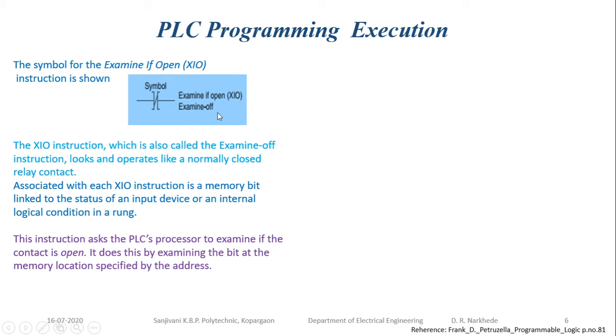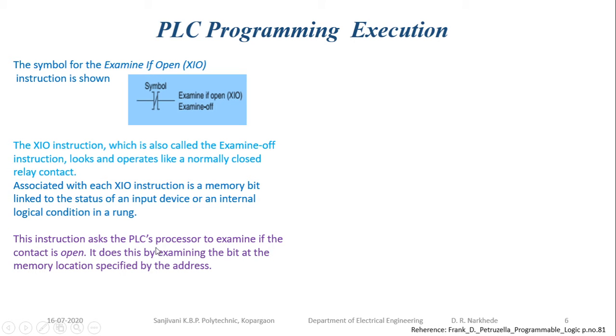Remember, this instruction continuously asks the processor whether the contact is open. If the contact is open, the instruction is true. If the contact is not open, the instruction is false. It does this by examining the bit at the memory location specified by the address.